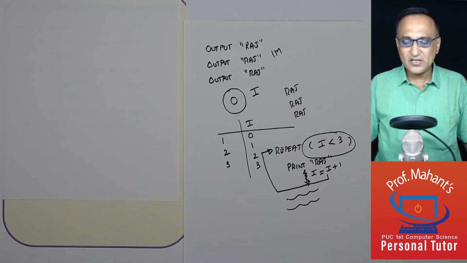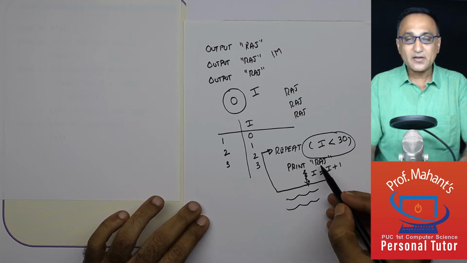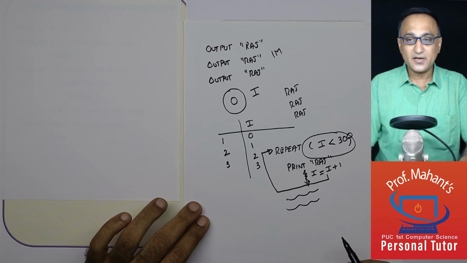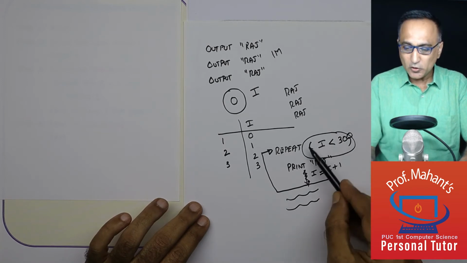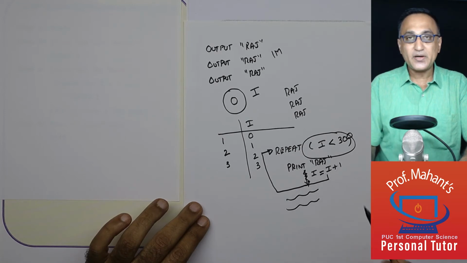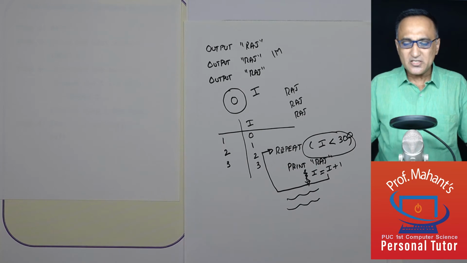So here if you have seen, if instead of 3, I make it 30, it will print Raj 30 times. If I make it 300, it will print Raj 300 times. So just by controlling this condition, I am able to see this particular activity done that many number of times. So this is known as the logic for looping or repetition.